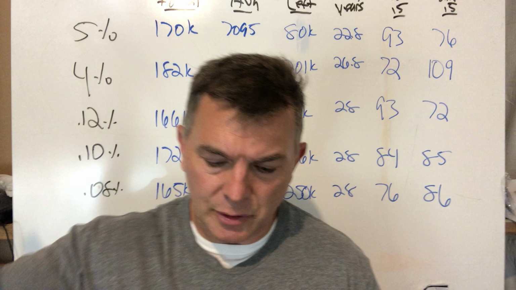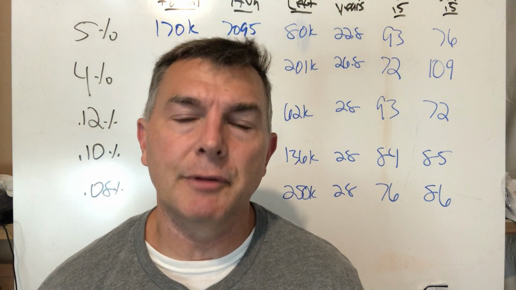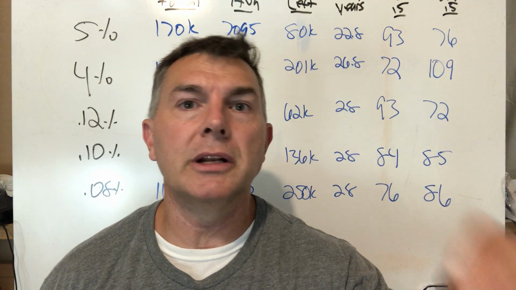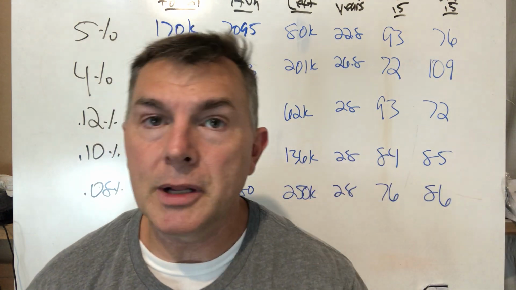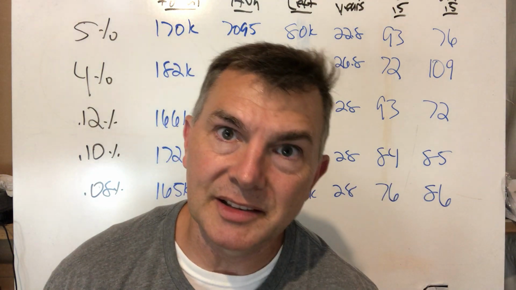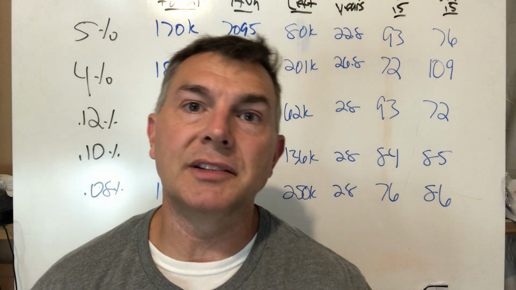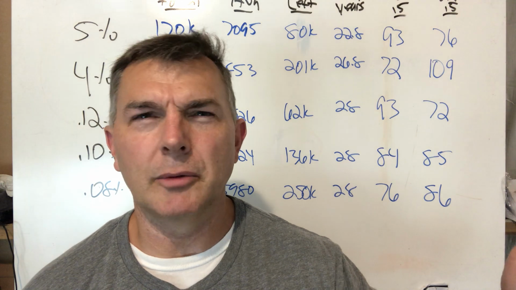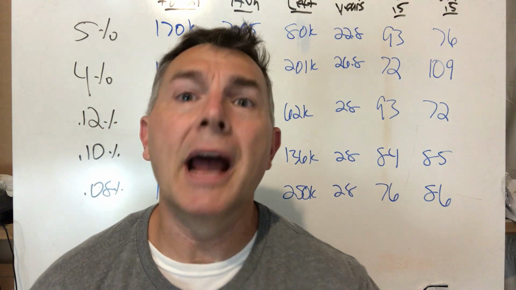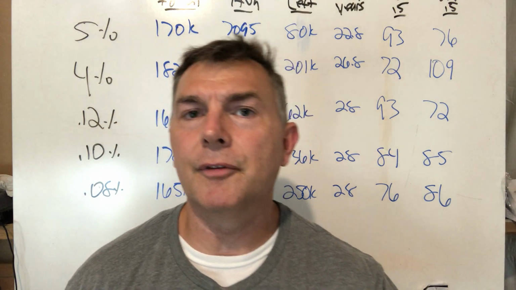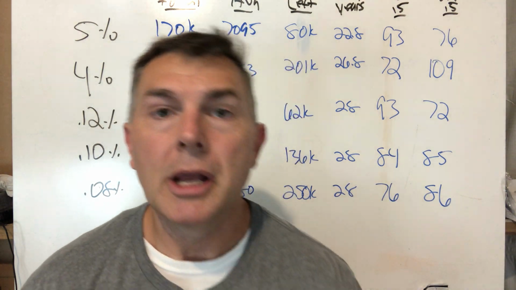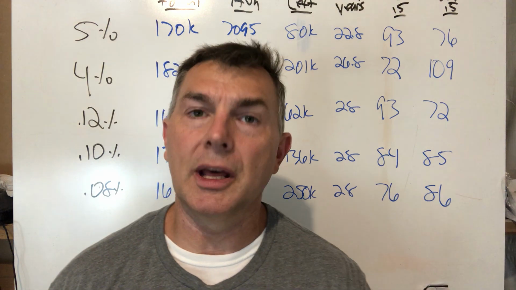Does that make sense? If you succeeded every single time, you would have had money after 30 years from 1930 to 1959, from 1931 to 1960, from 1966 to 1995, from 1973 to 2002, and then 20 from 2000 to 2019.